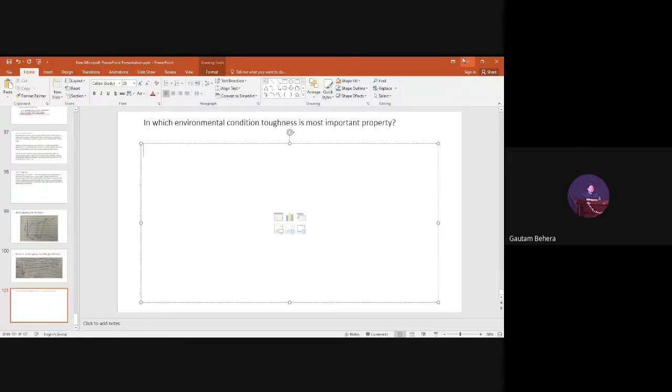No, sir. Manas Ranjan. No, sir. Okay, Mansi. At low temperature. Why low temperature? Because the ductile to brittle transition means toughness is low at low temperature. Yes, Shweta is right.